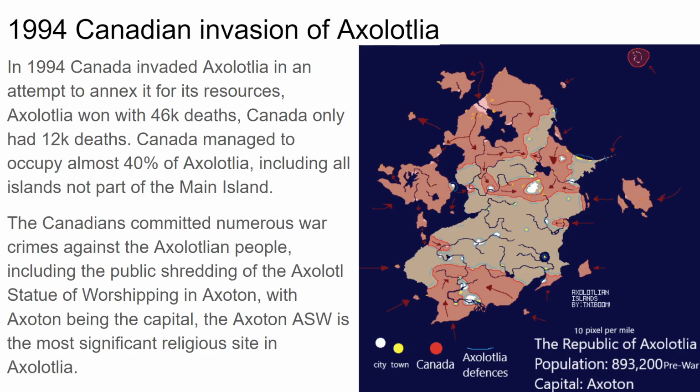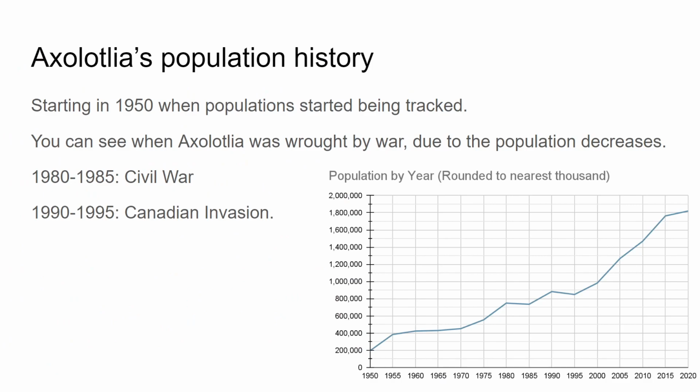I'll also show you something else. This is one of the biggest numerical additions to Axolotlia: the history of its population. I've added drops here to represent the civil war and the invasion.